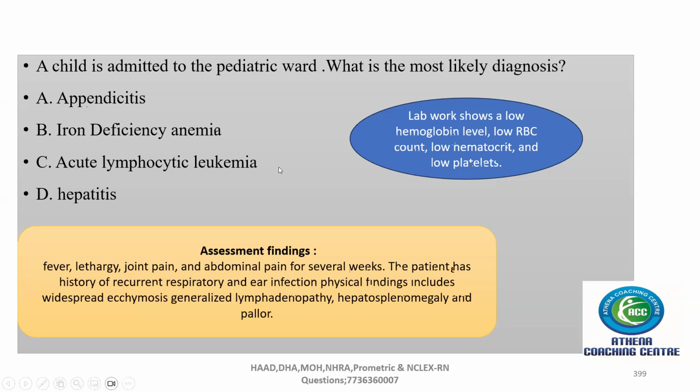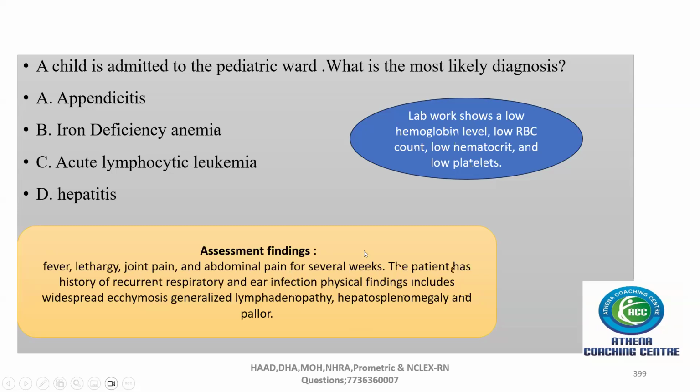So I repeat, a pediatric child is admitted, and on assessment, there is fever, lethargy, joint pain, abdominal pain, and the patient has already had a respiratory and ear infection, and widespread ecchymosis has been noticed, and lymphadenopathy, hepatosplenomegaly, and there is pallor.